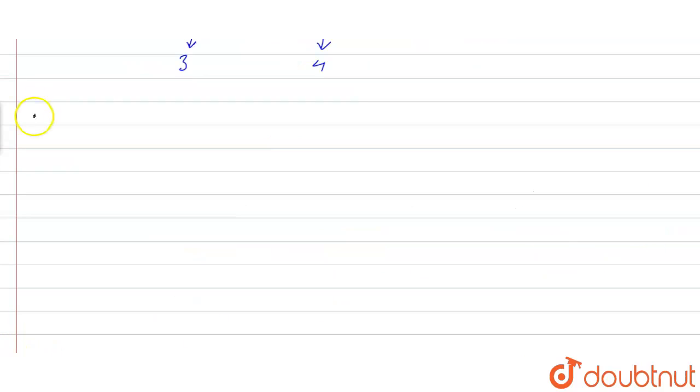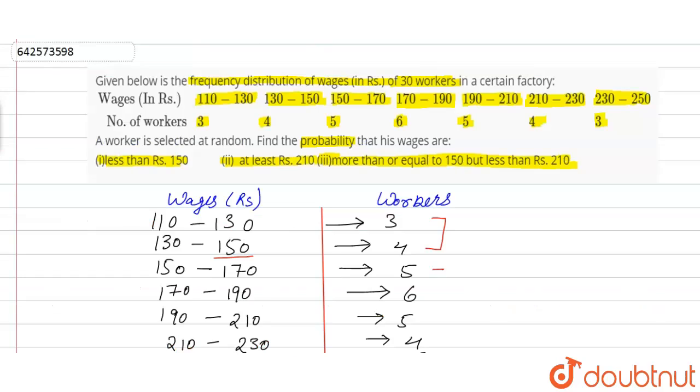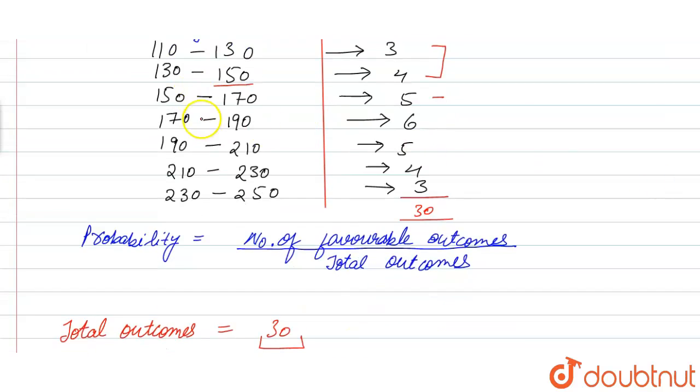The second part is to find the probability that the worker has his wage at least 210 rupees. At least 210 means the worker has a wage of minimum 210.